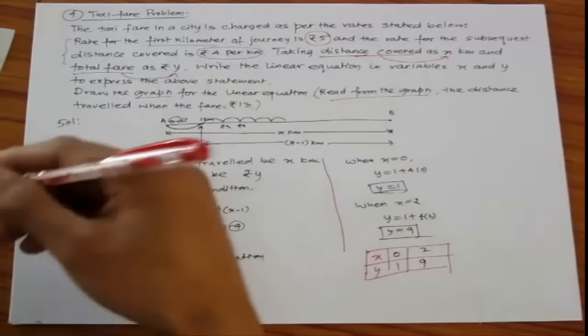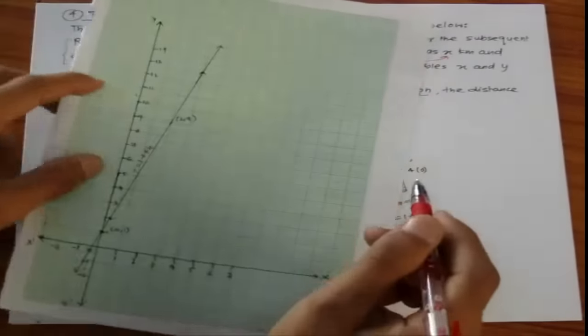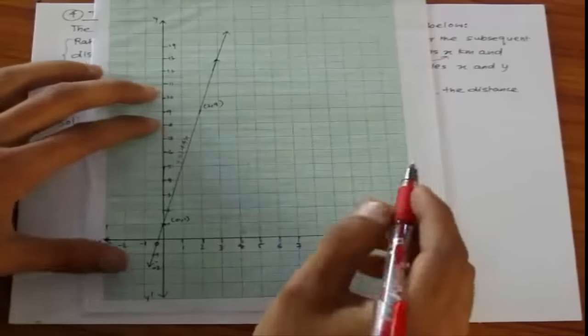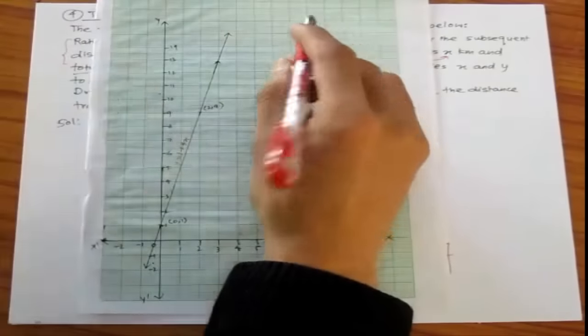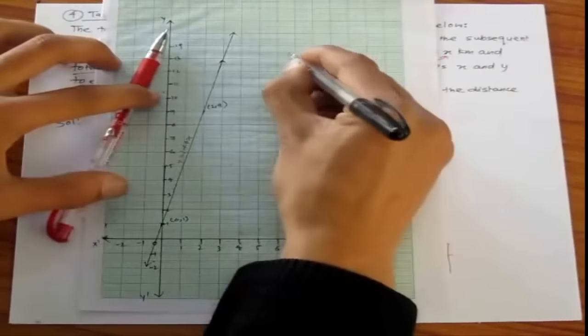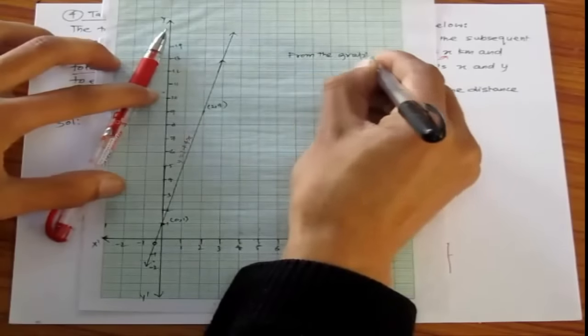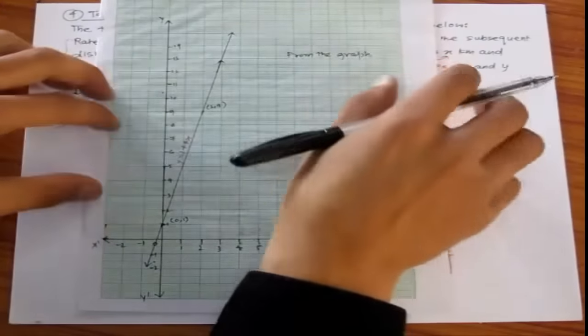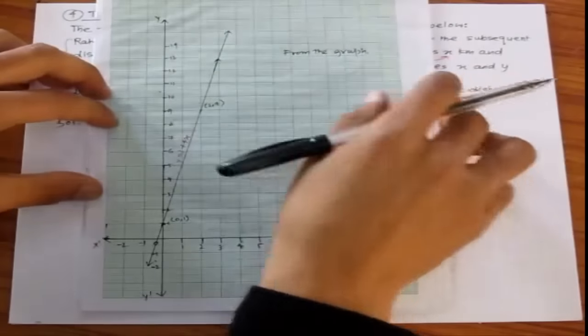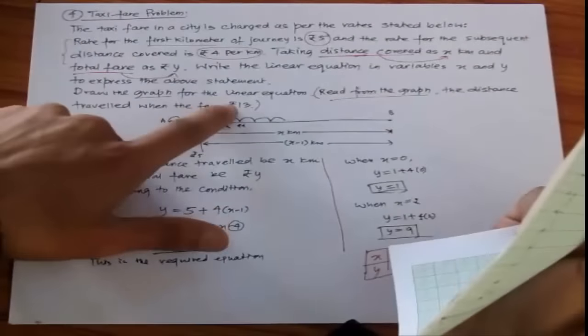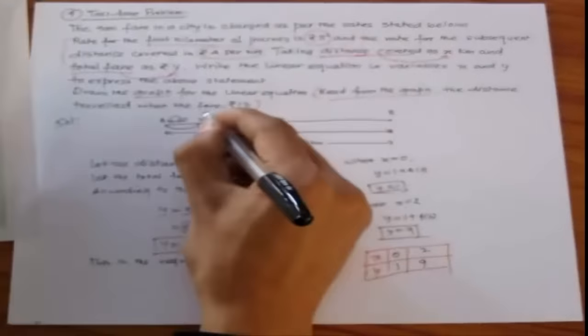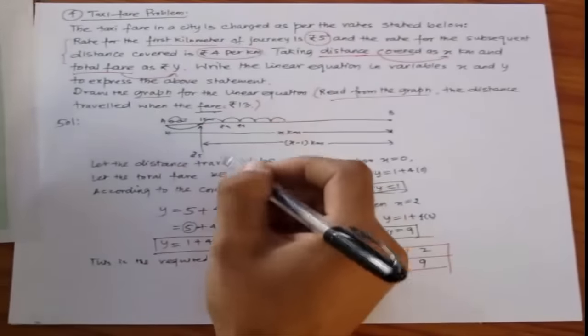So we have to read from the graph. We have to find the x value, and the y value is given, right? Taxi fare means the y value, and distance means the x value.